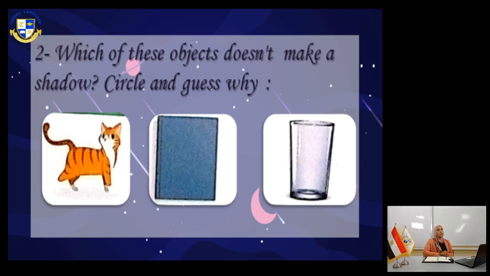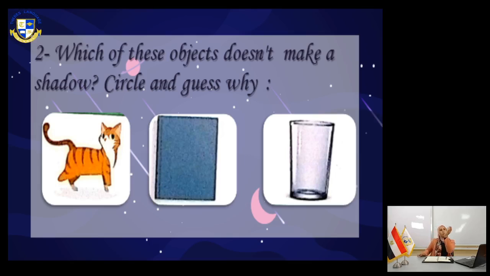Now, what about the glass? The glass is transparent, which means the light can go through it to the other side. It doesn't block anything, so the glass doesn't make a shadow because it is transparent.